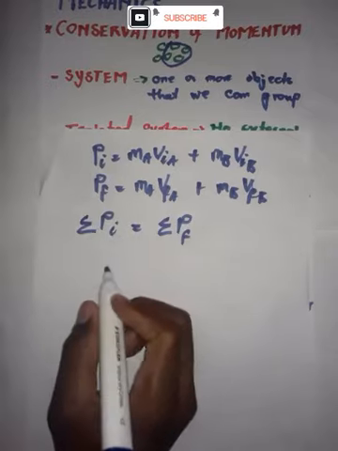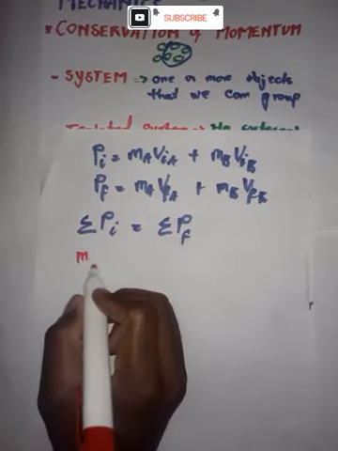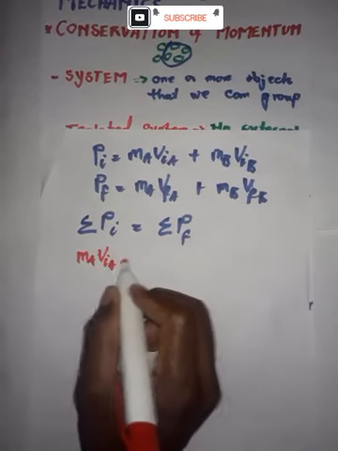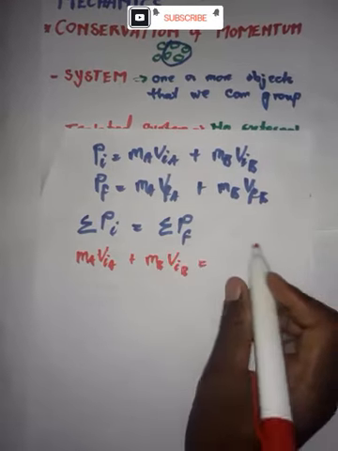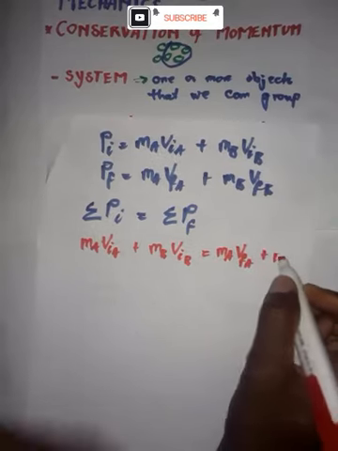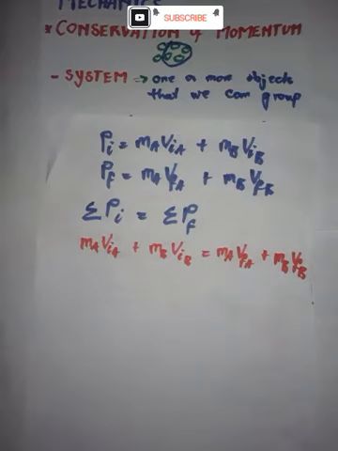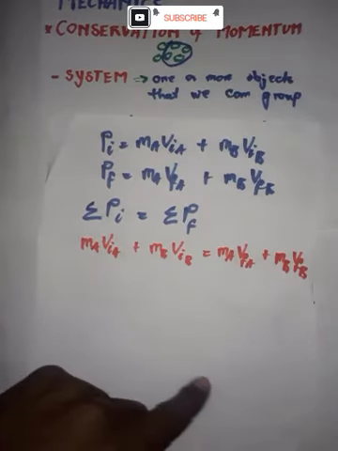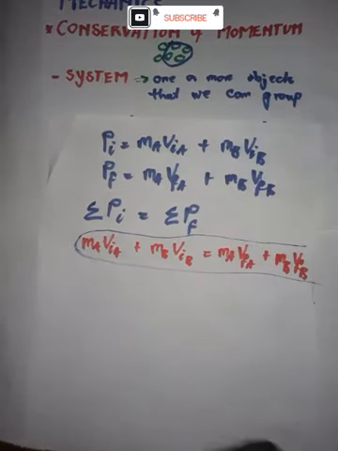So you can rewrite that as: mass of A times initial velocity of A plus mass of B times initial velocity of B is equal to mass of A times final velocity of A plus mass of B times final velocity of B. You see that? This is an equation we are going to use throughout momentum. This is a very useful equation, so you must not forget it. This is a very important equation.